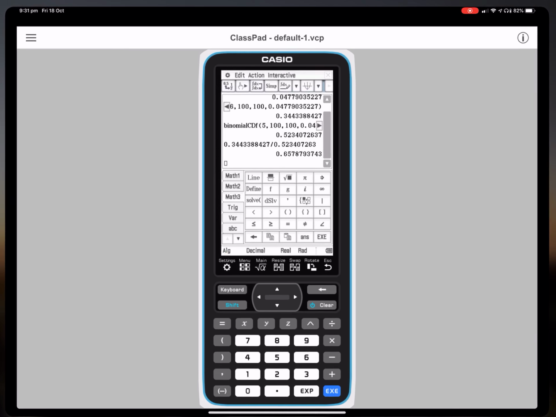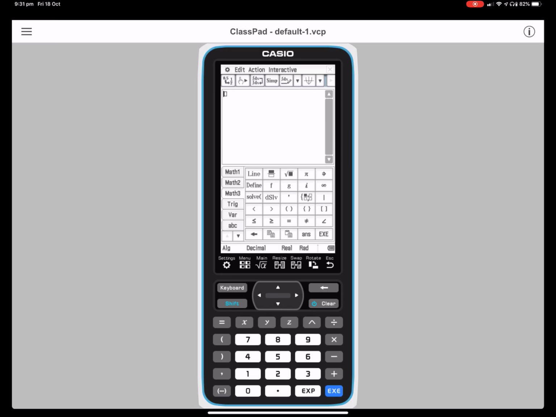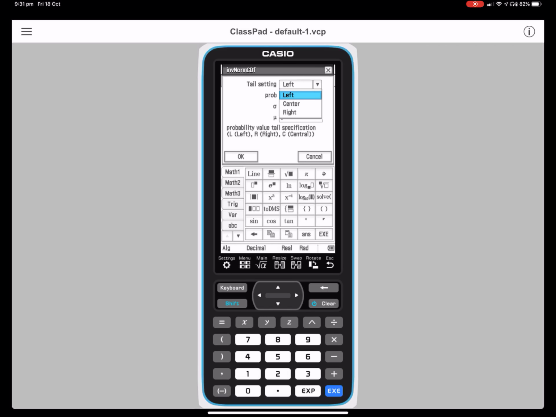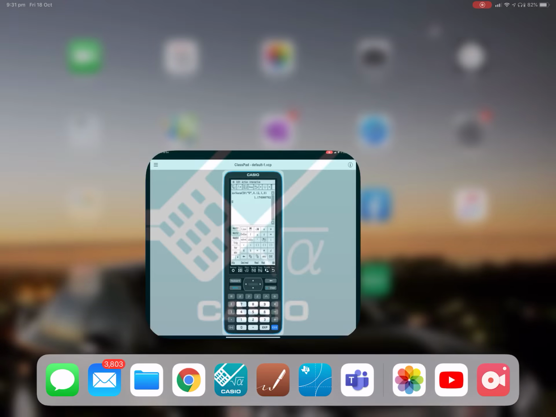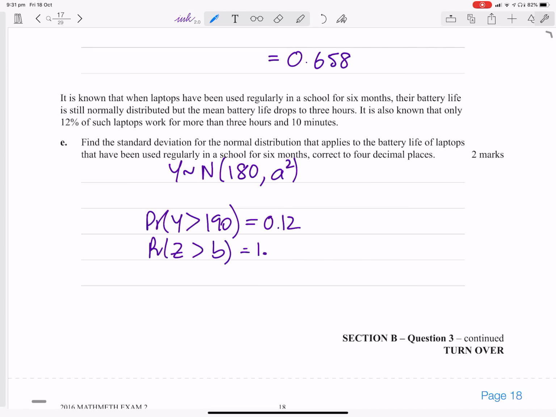So let's go inverse normal, and we'll go to the right, and we'll say 0.12. So that gives us our Z at 1.1750. We know that Z, 1.1750, is equal to X minus mu on sigma. 190 minus 180 on sigma.